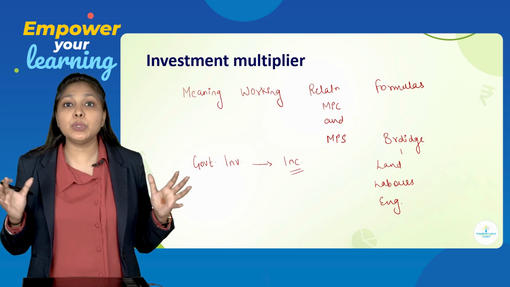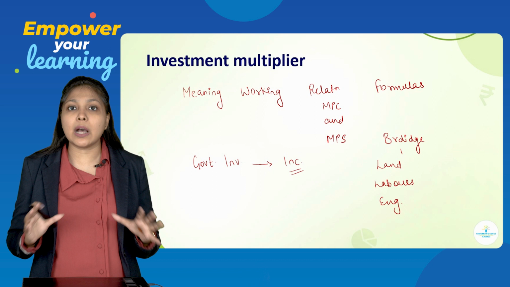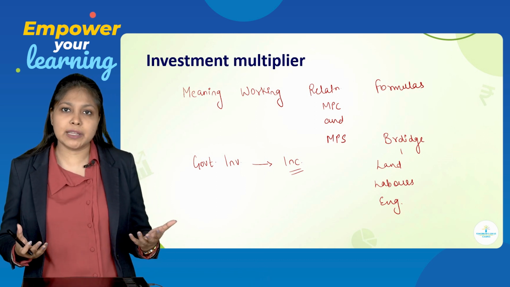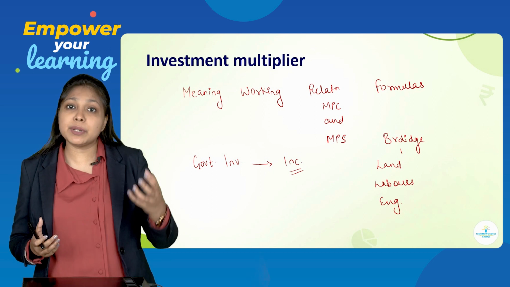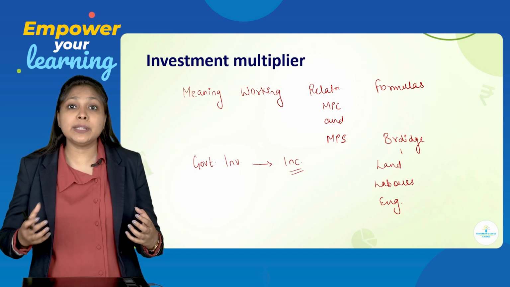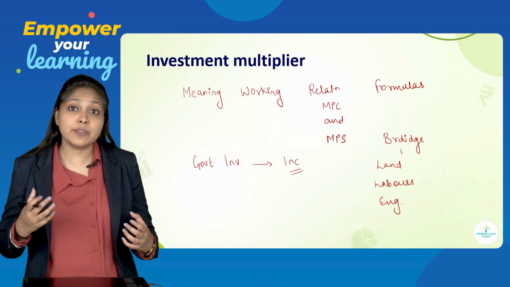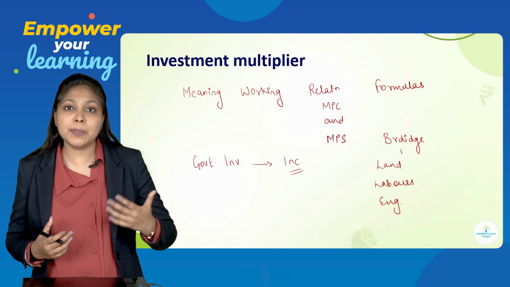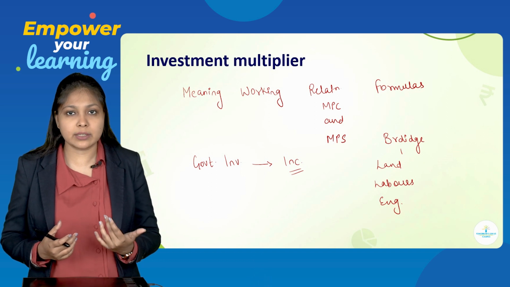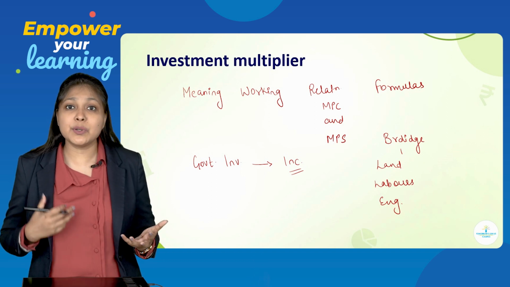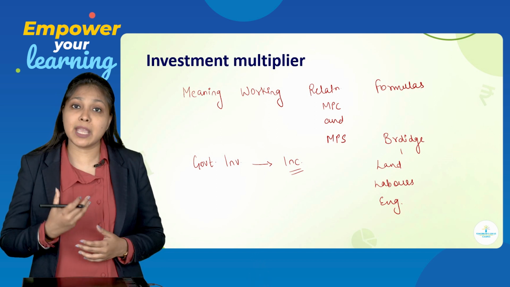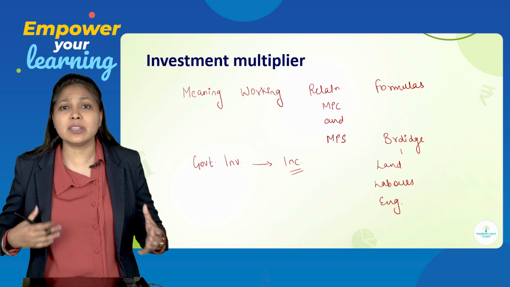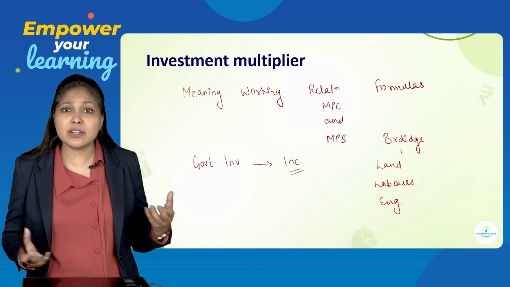Here, nobody is going to do any task without money, for social service or social welfare. So when a bridge is constructed by the government, it goes through lots of expenses, lots of investment, and that investment is going to generate income for the people involved in constructing the bridge. For example, laborers will get wages, engineers will get salaries, land will be given on rent, and machinery, raw materials and suppliers will be involved.